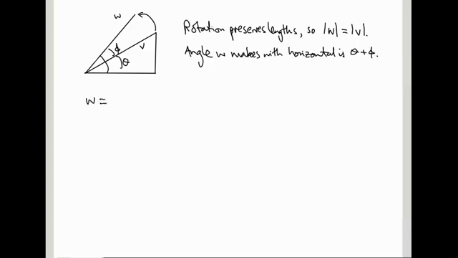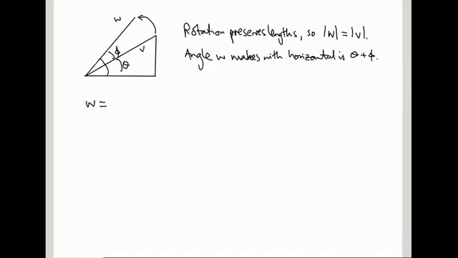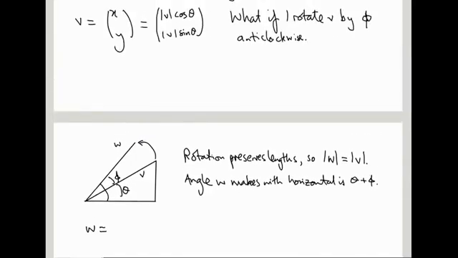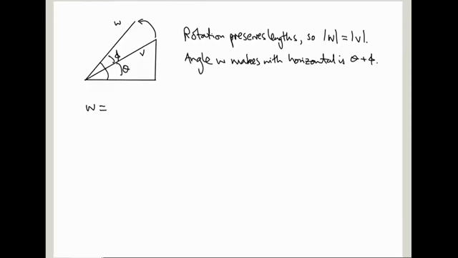By comparison with this formula here, it's going to be length of w times cos of the angle, length of w times sine of the angle, and the angle is theta plus phi, this total angle here. And we know the length of w is the length of v, so let me change these w's to v's.